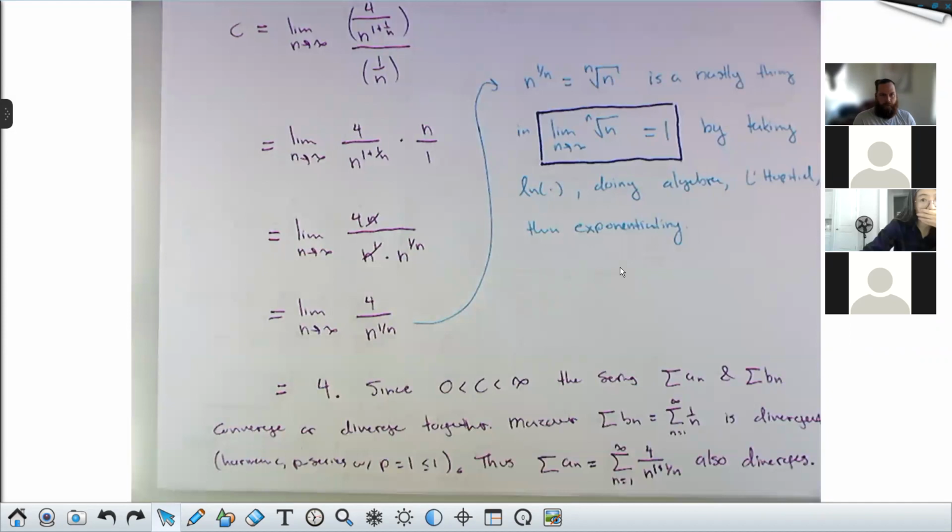So that blue box limit up there, that is something you should work out. All right, if you've never worked that one out before, it's something you should take the time to work out. It's just like the e to the ab limit that you had in your homework. Same sort of thing. It's an indeterminate power.